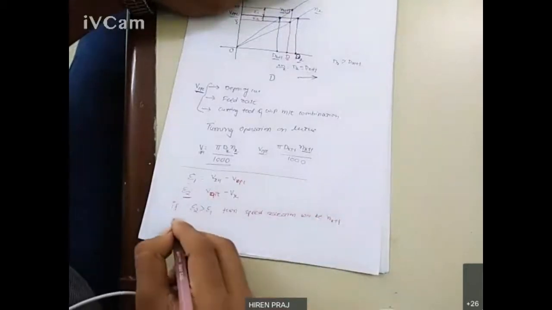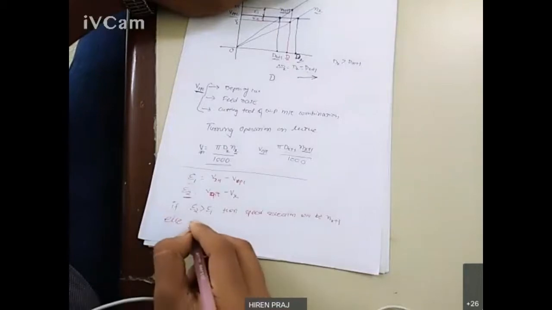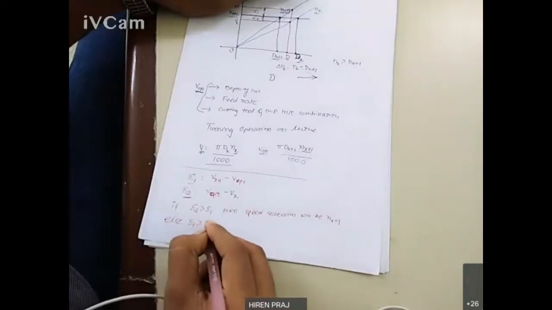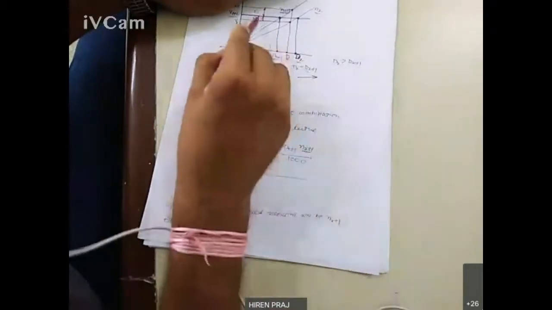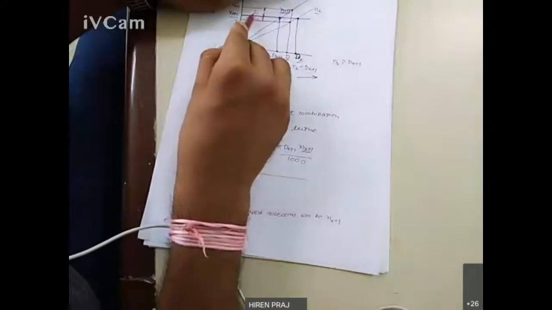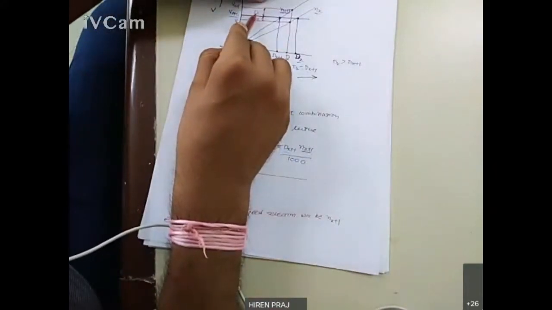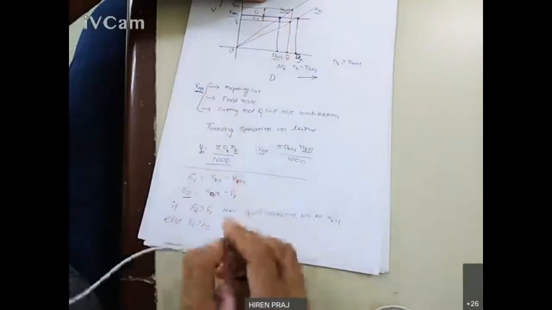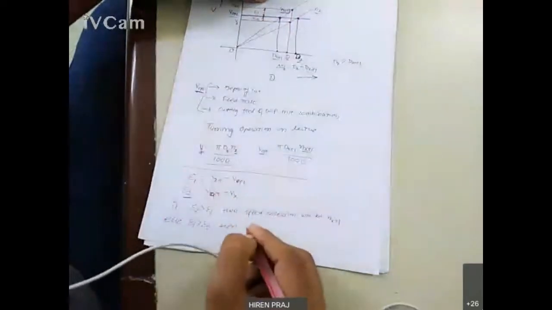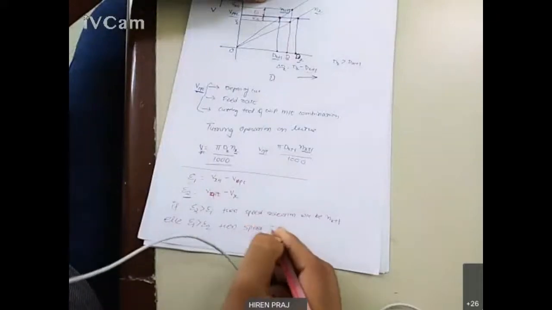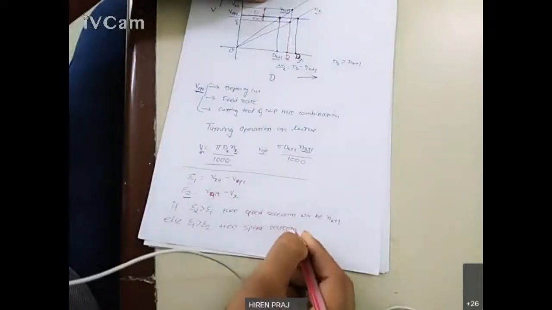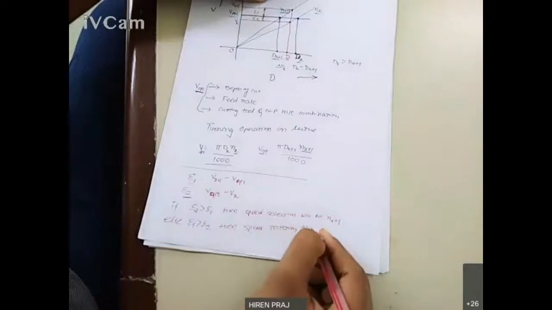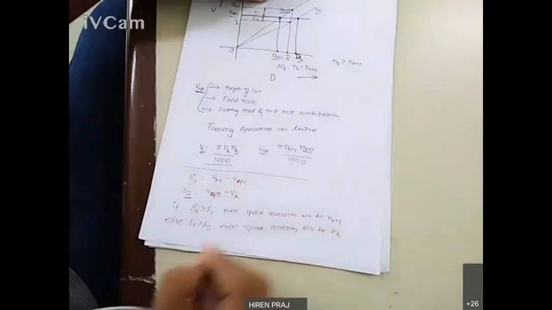Or else, if sigma 1 is greater than sigma 2, meaning more loss occurs if I run at rpm nx plus 1, then the speed selection will be nx, right?